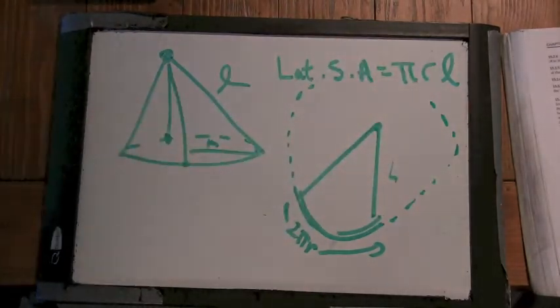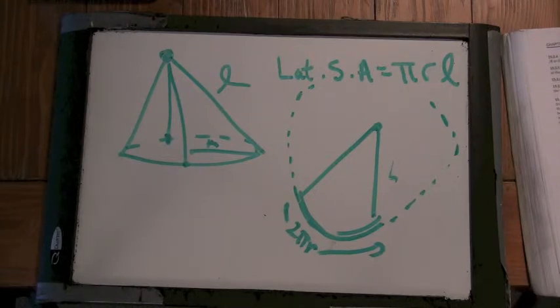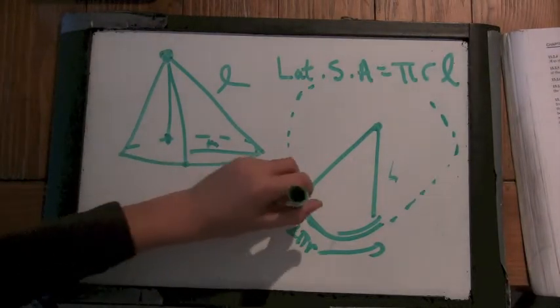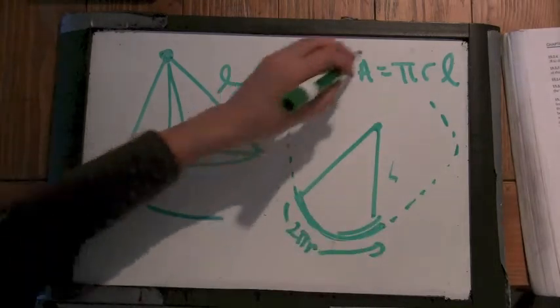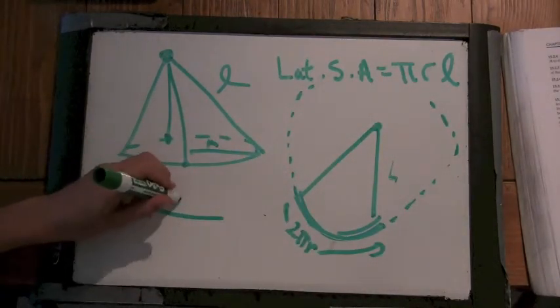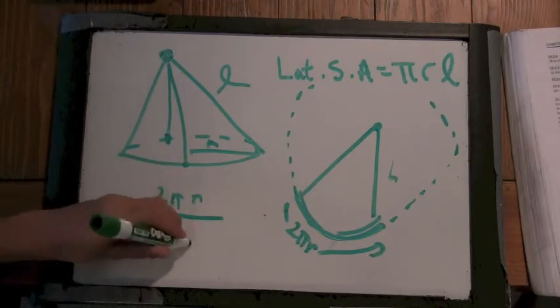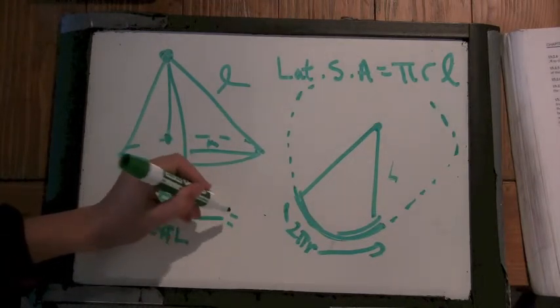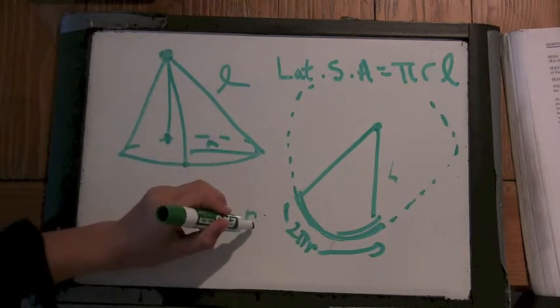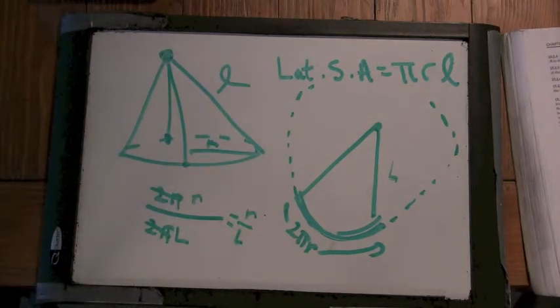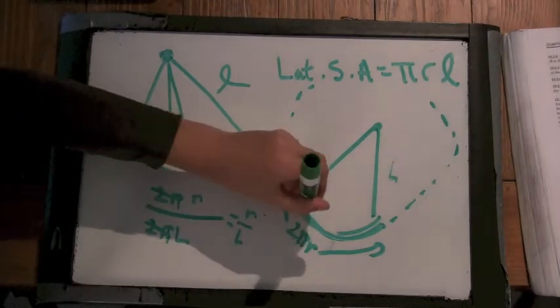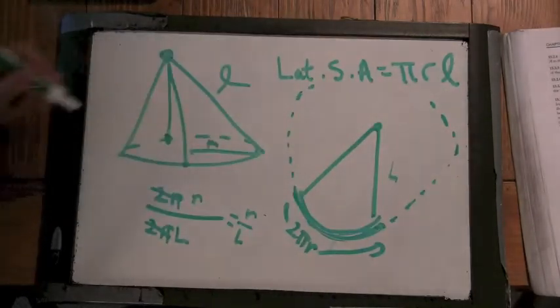So we have a bigger circle sneakily hanging around here, one that has radius L. So the ratio of this 2 pi r to 2 pi L, the circumference of the big circle, is R over L. That's the relationship between this and the whole circle.